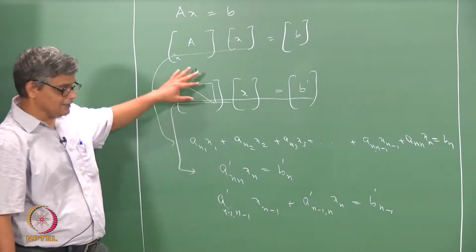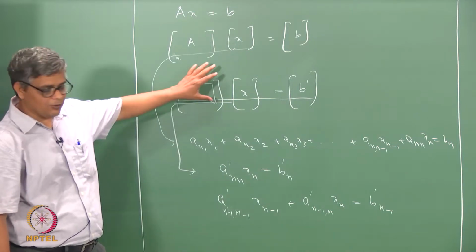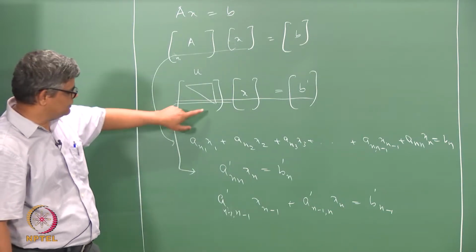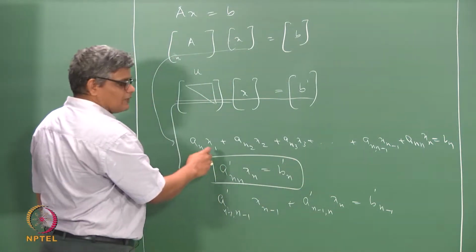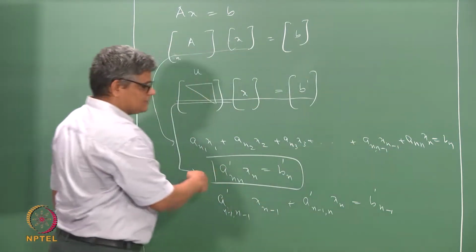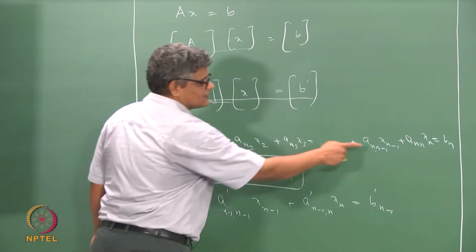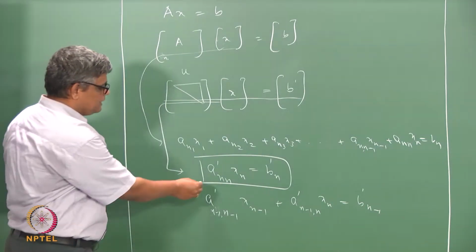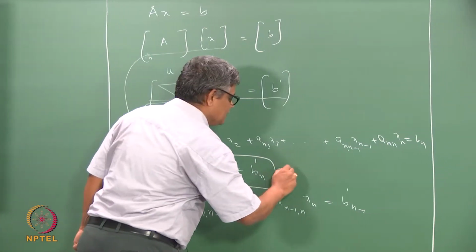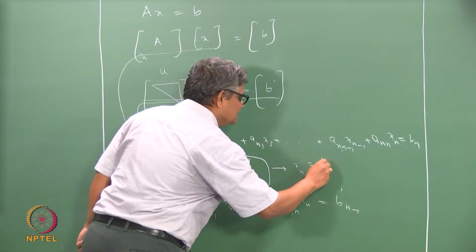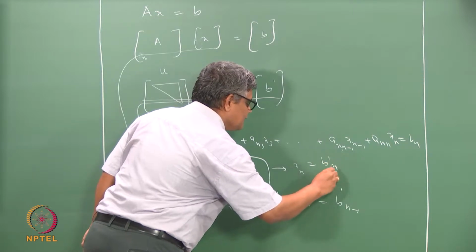So in this transformed rearranged set of equations, the last equation is simplified from one which involves all the variables all the way from x1, x2, x3 up to xn into an equation involving only xn as a variable. So from this we can directly get xn as bn prime by a nn prime.